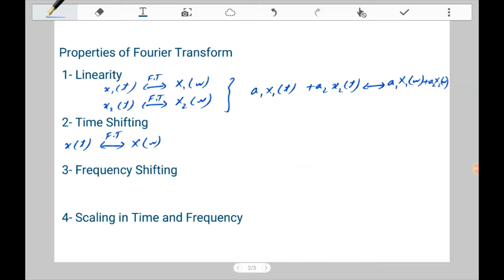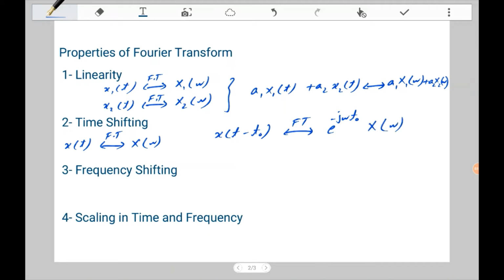In that case, if we shift this signal to t minus t naught, the Fourier transform will be e to the power minus j omega t naught times X of omega.